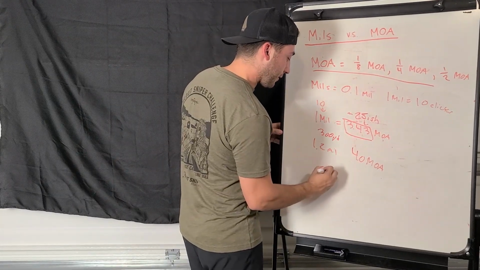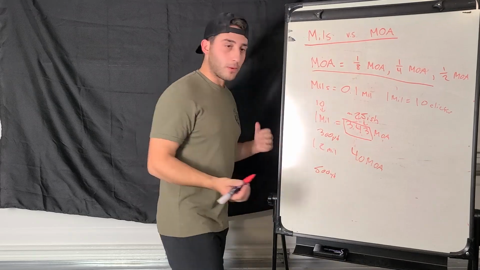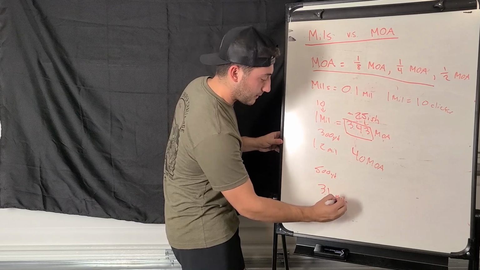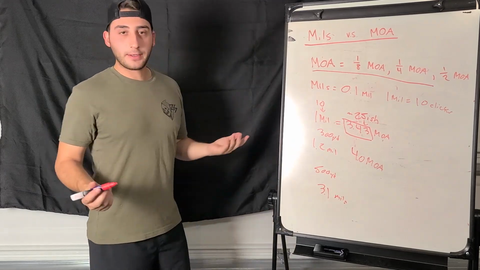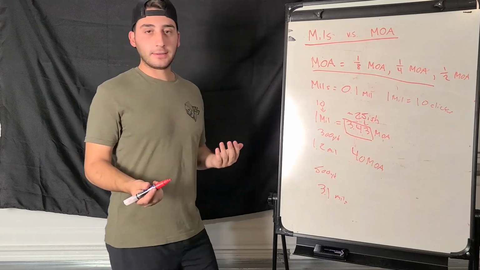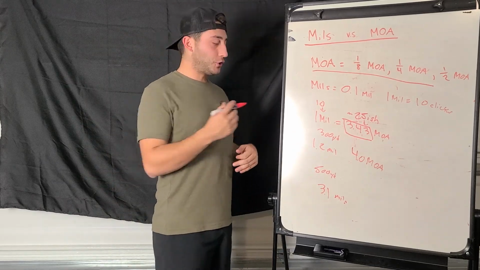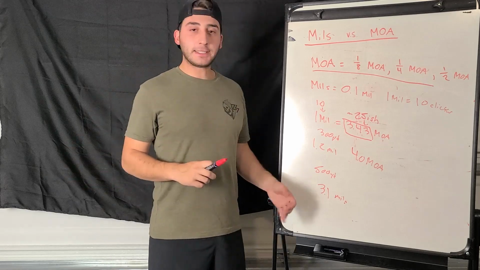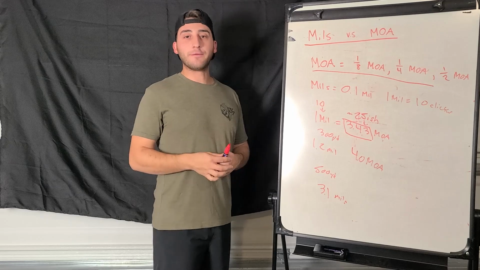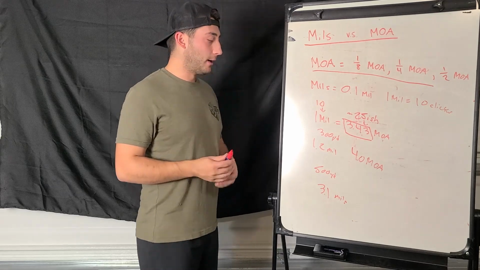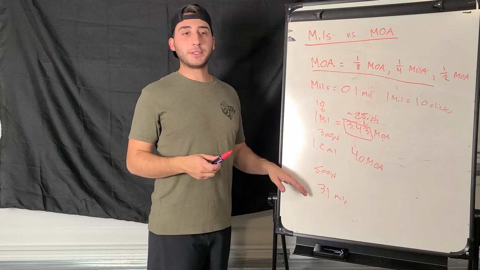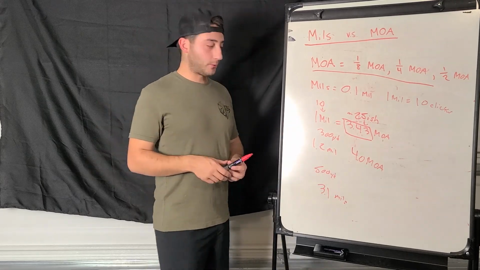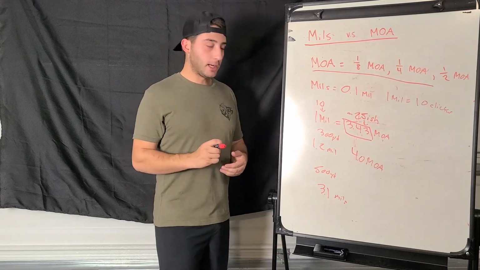If we go to 500 yards, where we would normally have something like 3.1 mils, convert that to MOA, you're going to have over 10 MOA that you're going to have to worry about. And we've just barely broken the 500 yard threshold. So before you ever get to 10 mils, you might be out to 800 yards or even farther, depending on what caliber you're shooting, for memorizing your actual elevation settings or having to write those down. Whereas we're barely past 500 yards and we're already past that 10 mil mark into the double digits.